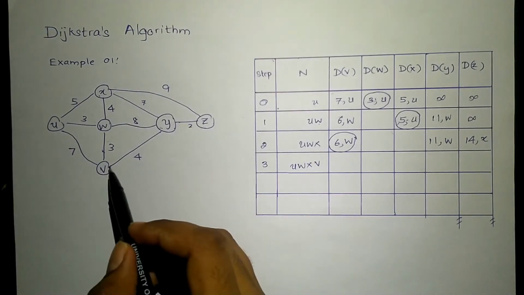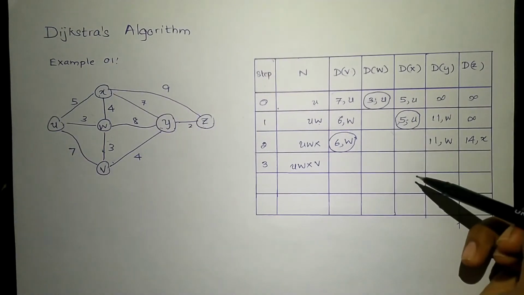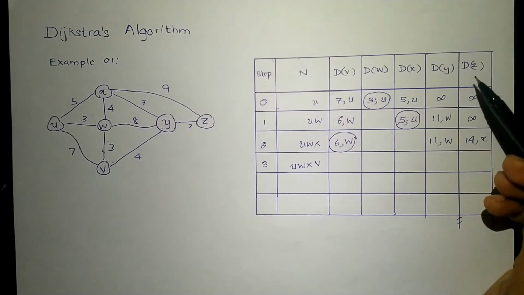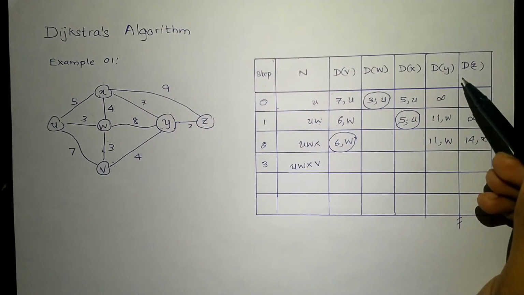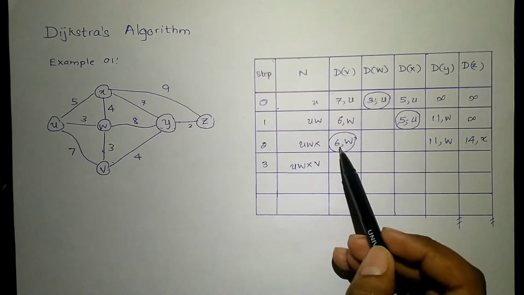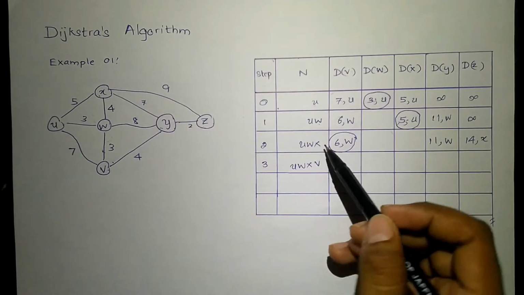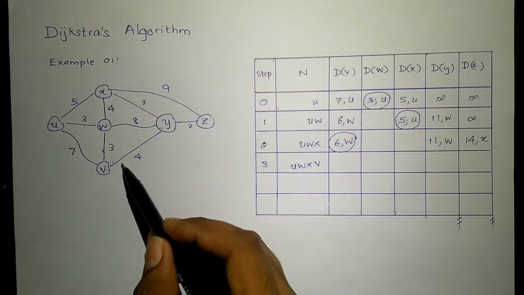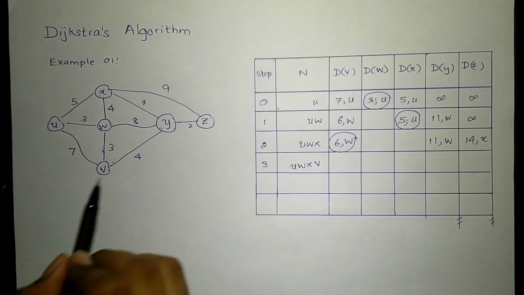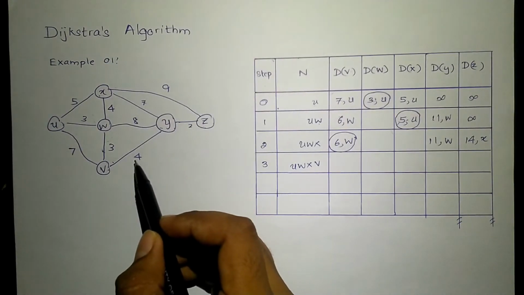So from v, we need to consider the other elements. But these two columns, we are not going to put the values in again. So we need to consider these two only. From v, the cost of v is 6, so we need to add 6 to the distance VY. 6 plus VY 4, 6 plus 4 is 10.